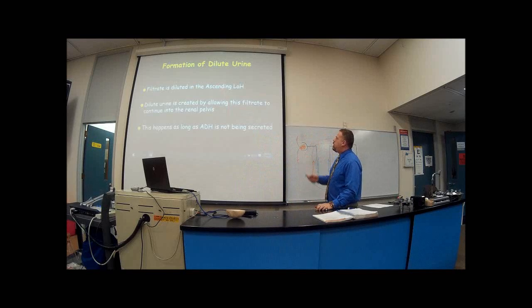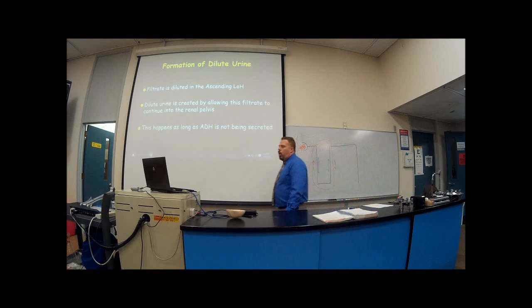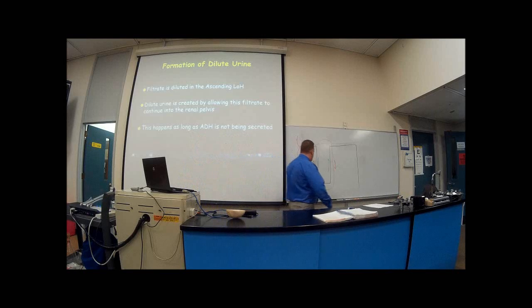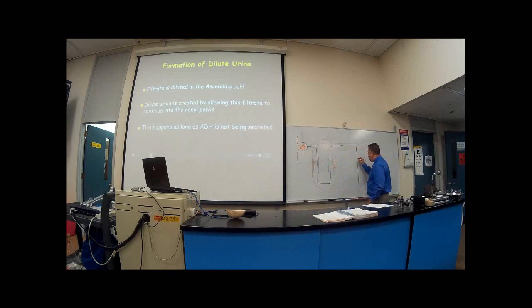To form a dilute urine, it's diluted in the ascending loop of Henle. So as you go up, it becomes more dilute. Remember, water is not able to leave there, so it becomes more dilute. And we also have ADH. Remember, over here we have another opportunity where we can dilute the urine. If this floods with ADH, what happens to the concentration of your urine?